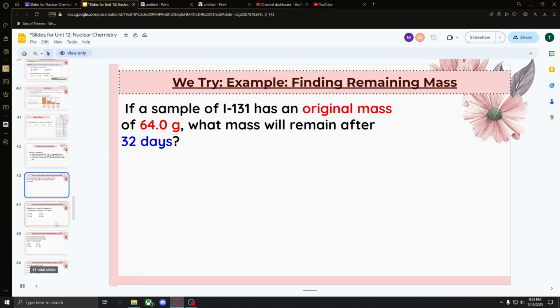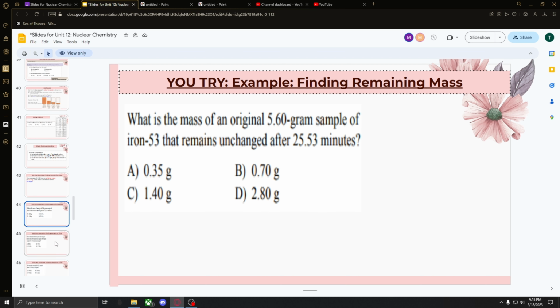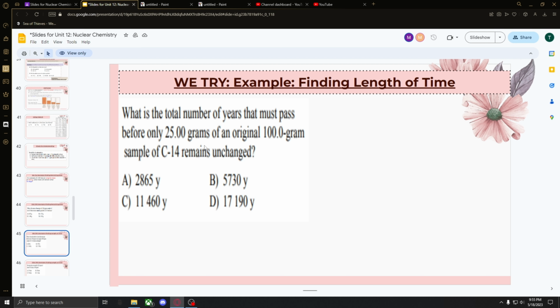Another thing you'll usually see is that they will give you the half-life and the period already, and you need to find the time. For example, what is the total number of years that must pass before only 25 grams of an original 100 gram sample of C-14 remains unchanged?